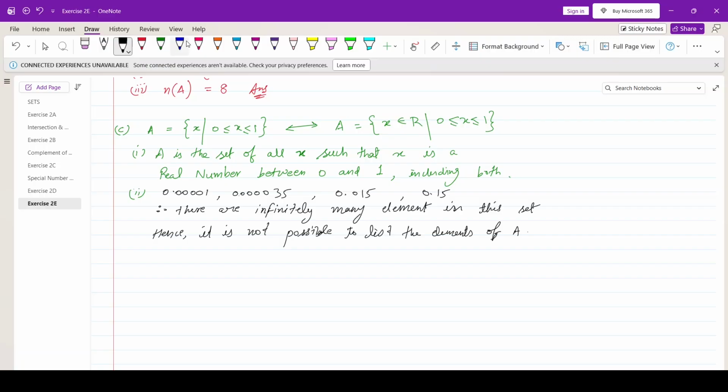Now, part 3 is asking the number of elements in A. Since there are infinitely many elements in A, therefore n of A is undefined.